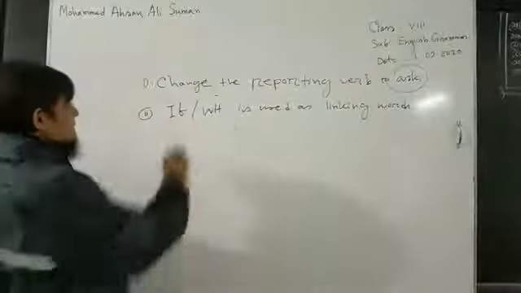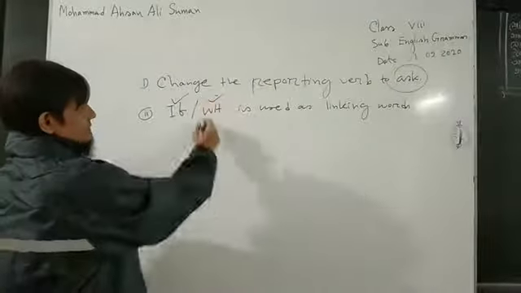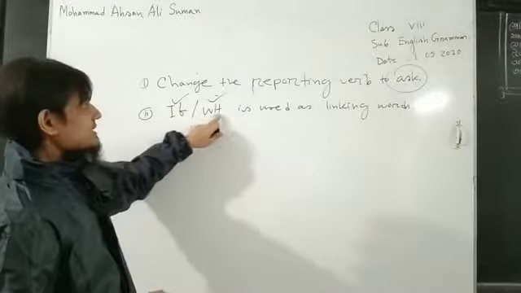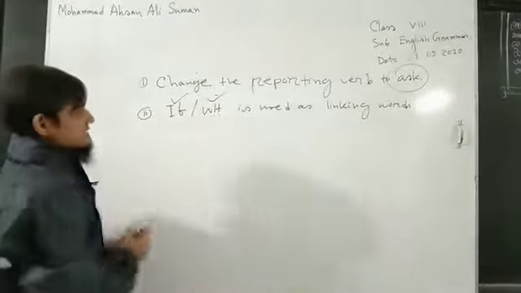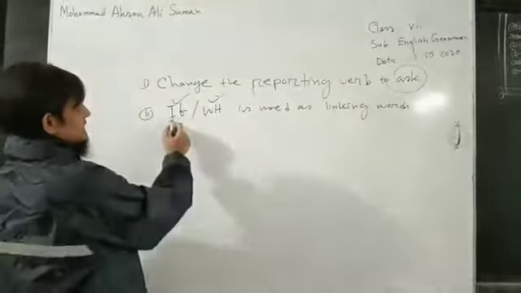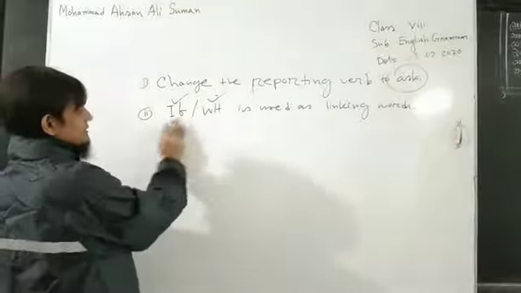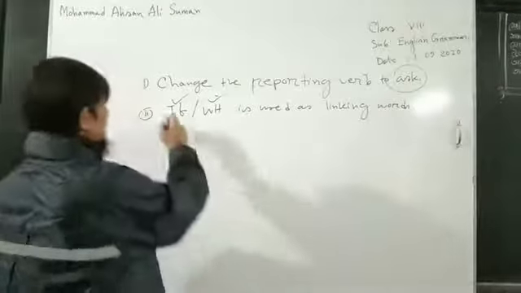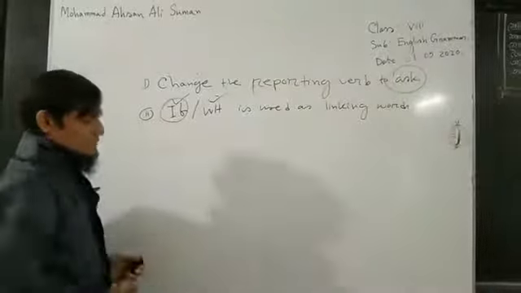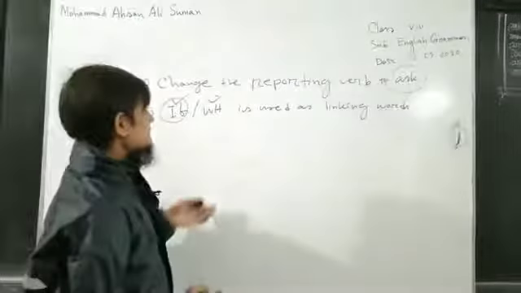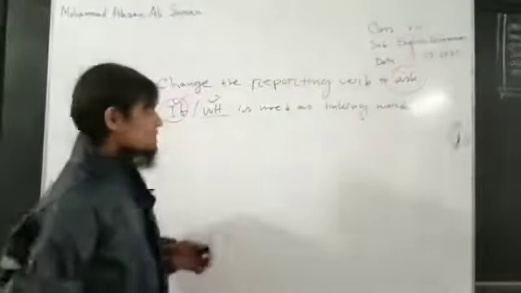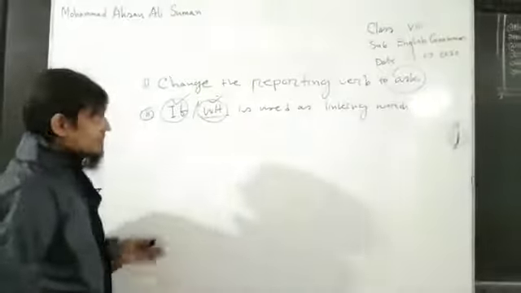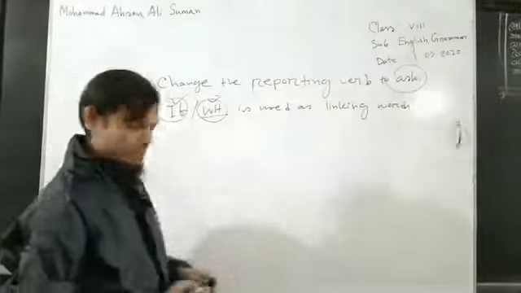Here, if or WH. WH means when, what, where, who, and H means how. If the question sentence begins with an auxiliary verb, only an auxiliary verb, then we use if as a linking word. If the question sentence begins with WH, then there is no need to use any conjunction. Thus, the WH word will remain as the linking word.